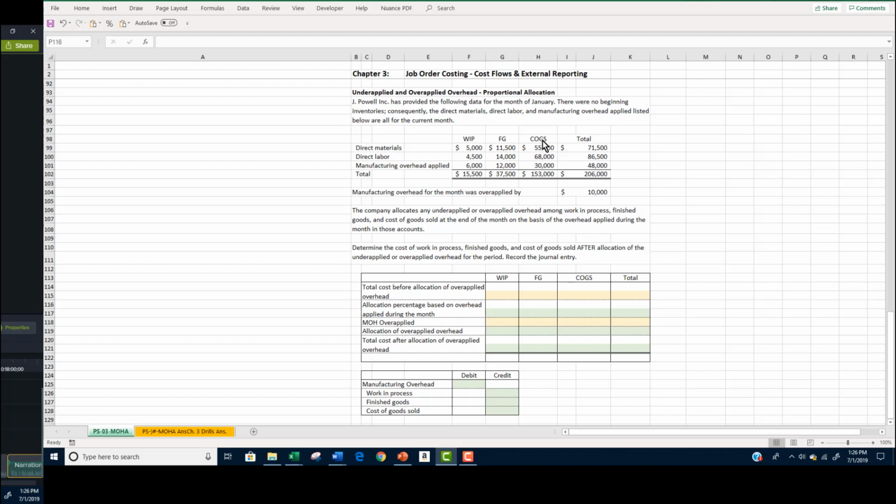The total balance for the work in process account is $15,500. For finished goods, it is $37,500, and cost of goods sold is $153,000. The total for the three accounts is $206,000.